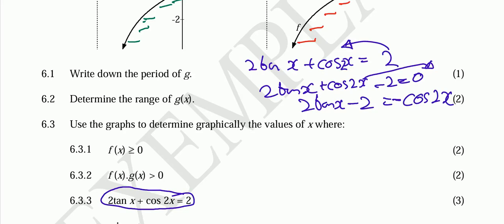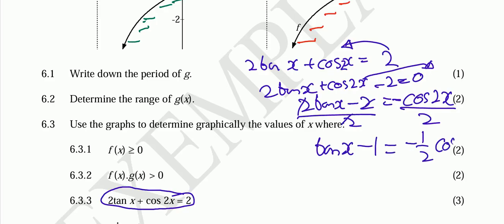So from here we can divide both sides by 2. 2 cancels 2, 2 cancels 2. So we have tan x minus 1 is equal to negative 1 over 2 cos 2x. Wow, that was great. This means that we're looking for where our f of x is equal to our g of x, where our graphs are intersecting, right?